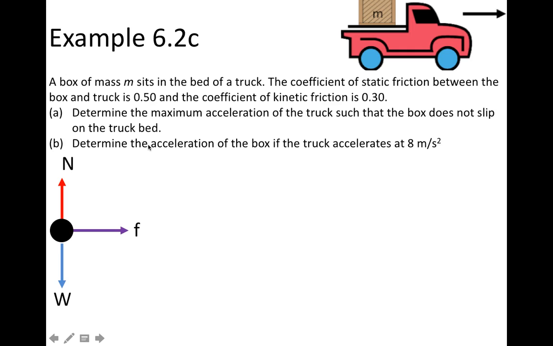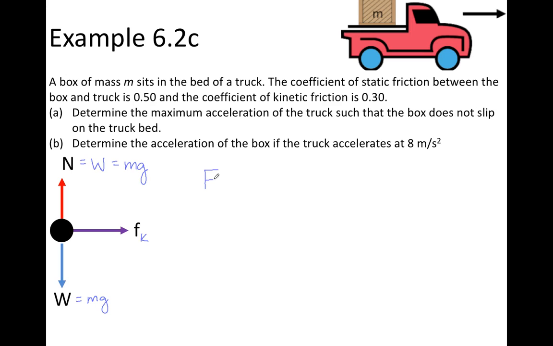Okay, so if the truck is accelerating at 8 meters per second squared, the form of friction is going to be kinetic friction. That's still going to be pushing the box forward. The weight is still equal to mg. The normal force is still going to equal the weight, and it's still going to equal m times g.